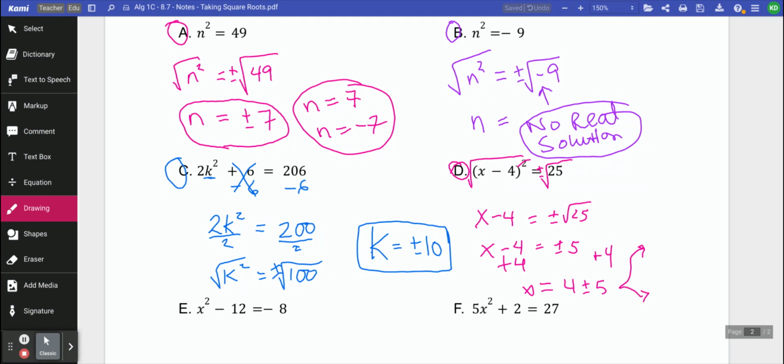We don't leave it like that because that just means x equals 4 plus 5, which is 9, and x equals 4 minus 5, which is negative 1. So those are going to be our two numbers. We don't leave it like that if we can simplify it. So you might have to split it up into two pieces, but we can do that and we can get two numbers.